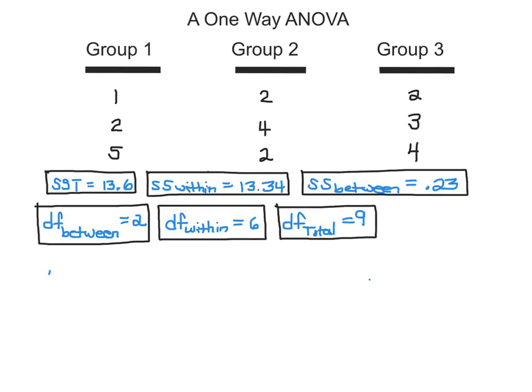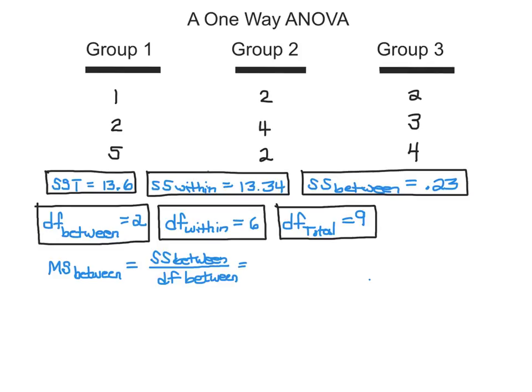Now we're going to calculate the mean squared between, which is the variance between, and that is the sum of the squares between divided by the degree of freedom between.